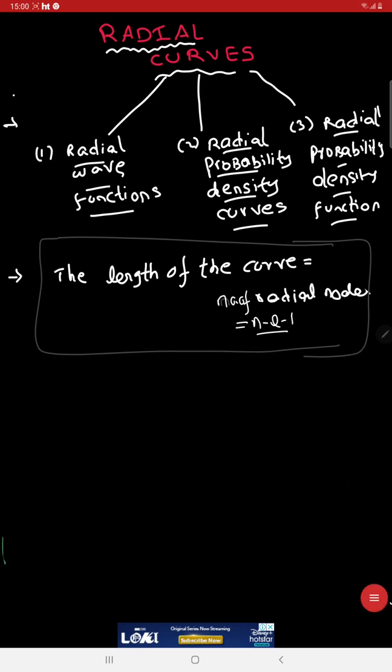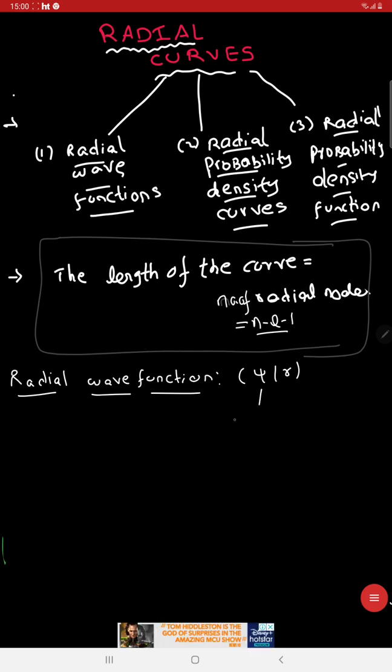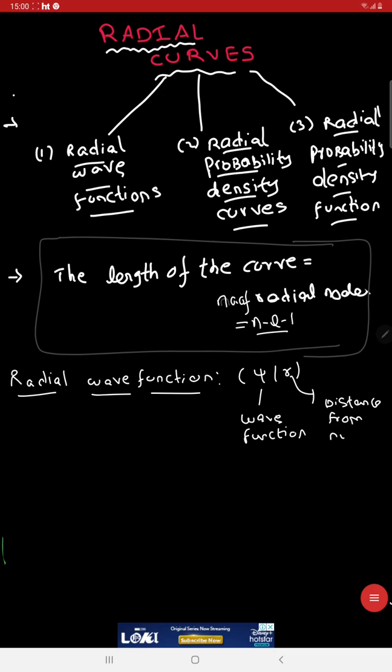Next one is the radial wave function. So how can we represent the radial wave function? Represent it by psi of r. So psi is the wave function and r is the distance from the nucleus.